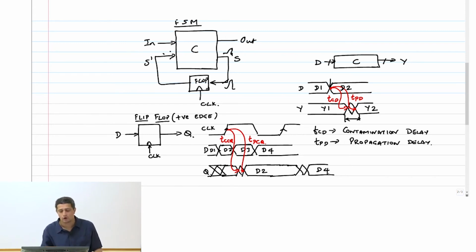So in order for D2 to be captured at the positive edge correctly, you have to set this data up T setup before the clock edge arrives. So this is setup. Okay. Now, after the clock edge is done, the sampling edge is done, D2 should be stable for some time in order for this to go through, right?